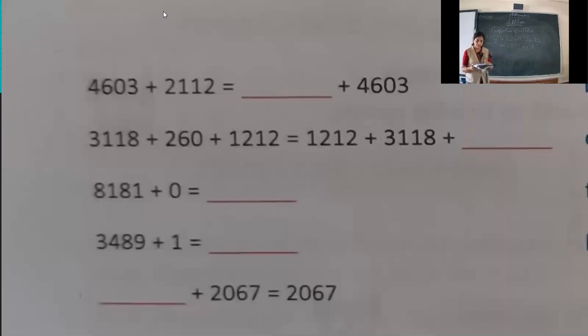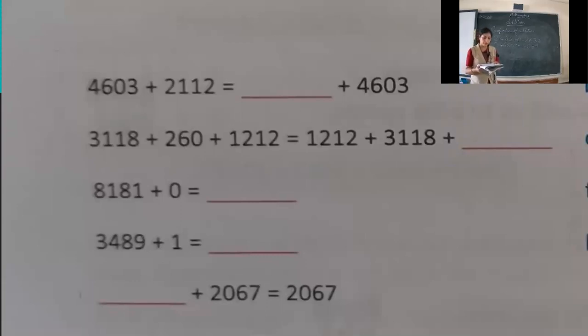Next is, you can see and children try to do on your own. Three numbers you can add in any order. 3118 plus 260 plus 1212 equal to 1212 plus 3118 plus dash. Now, when we are adding three numbers, you can add them in any order. So your answer will be 260.